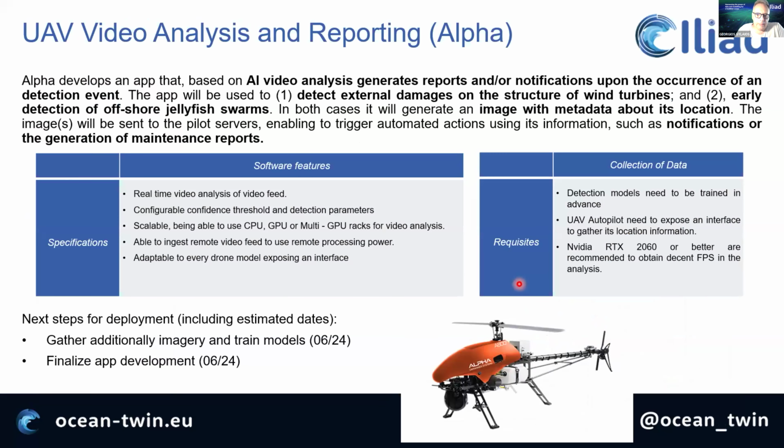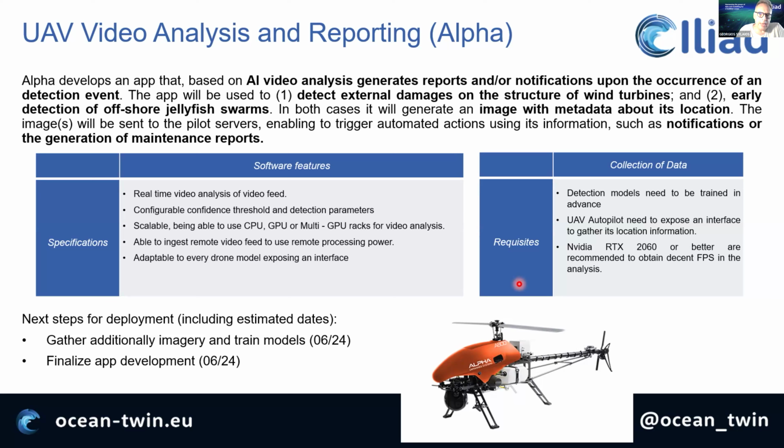We have the drones. The drones are detecting external damages on wind turbines. Then we have also the capacity of the drones with a camera to detect jellyfish swarms. So this again is something that gives us an understanding on how to utilize these vehicles and these systems in the framework of a digital twin. We don't have data as numbers here.